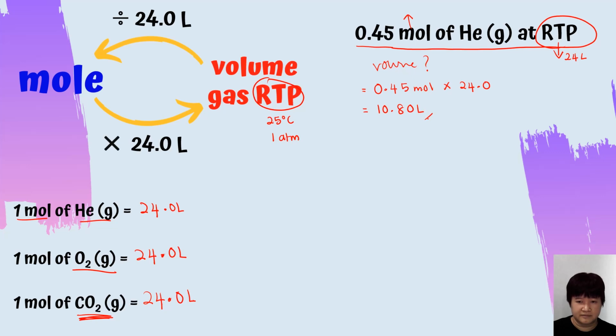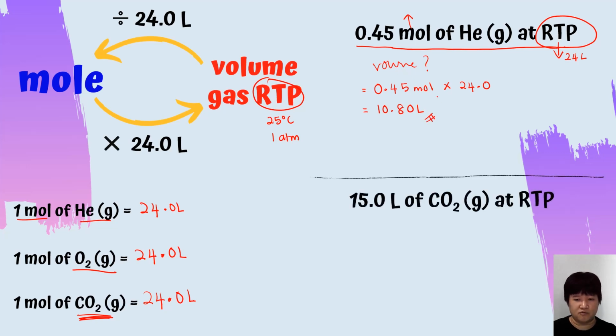10.80 liter. Vice versa, when you have the volume of gas given at RTP, but the question is asking for number of moles, what do you do to change the volume to number of mole? You will be dividing the volume by the molar volume, 24.0 liter.